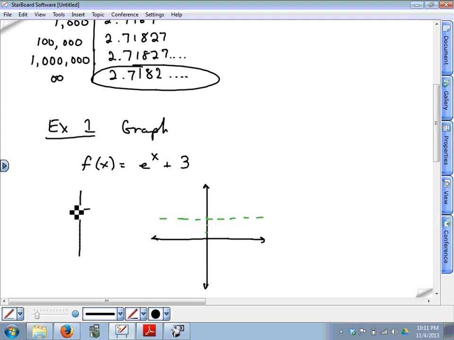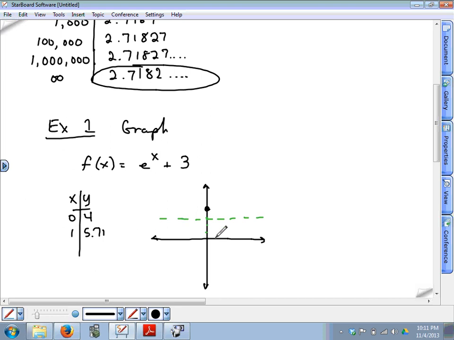You need a couple of points. Now, some of these you aren't going to be able to find without a calculator, so do some here and just make your best estimate. If x is 0, for example, e to the 0 is the same as anything to the 0 power. It's 1. 1 plus 3 is 4, so 1, 4 is on the graph. The rest of these, unfortunately, would have to be done with a calculator. E to the first power is just e, which is about 2.71. 2.71 plus 3 is 5.71.